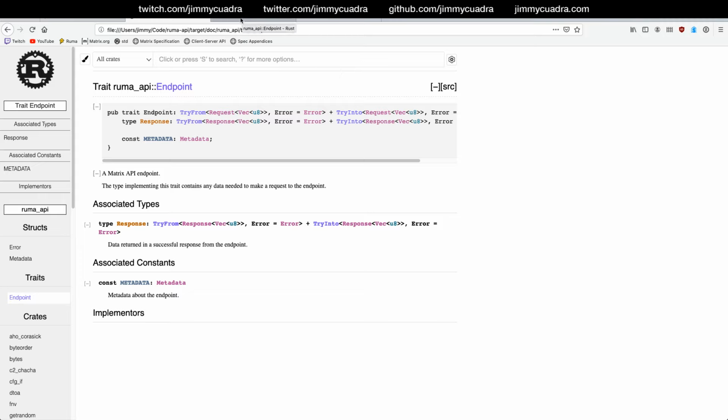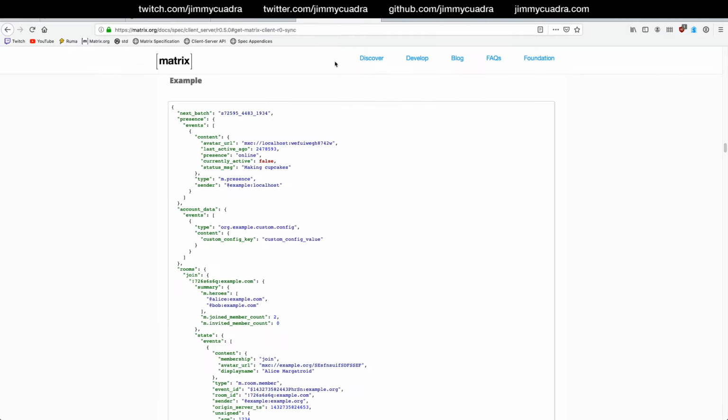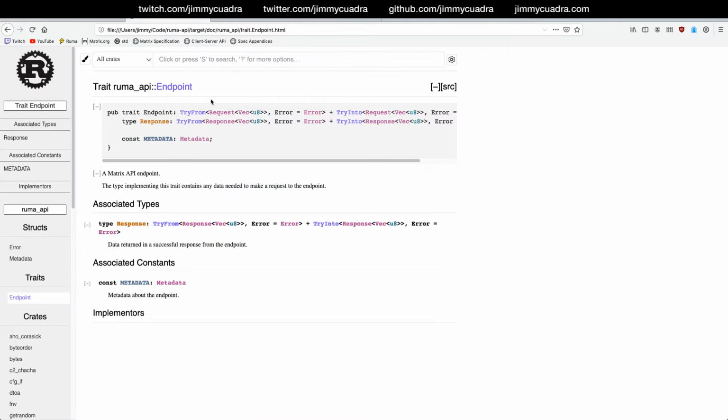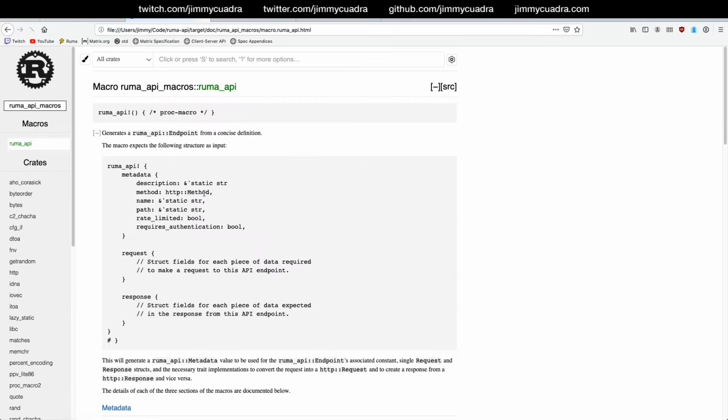So there's this separate crate that we have called Ruma API macros, which generates an implementation for one of these given endpoints to conform to this interface definition, based on a very simplistic, succinct definition of what is different about that API. This is an example right here of what a Ruma API macro call looks like.